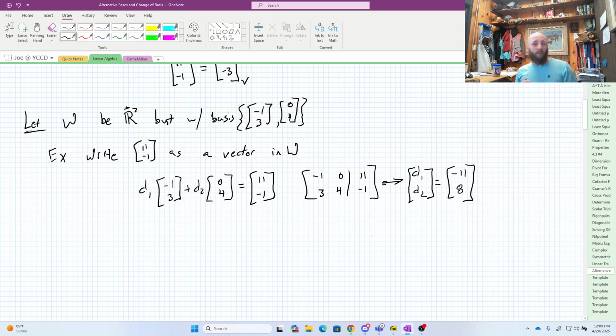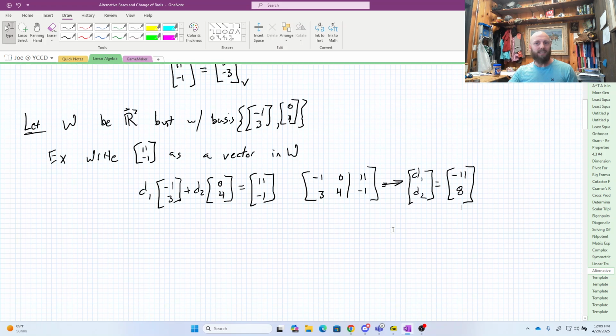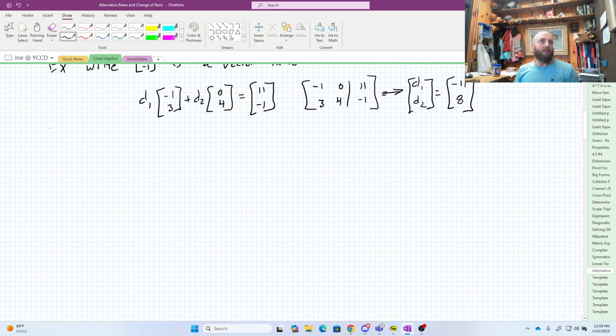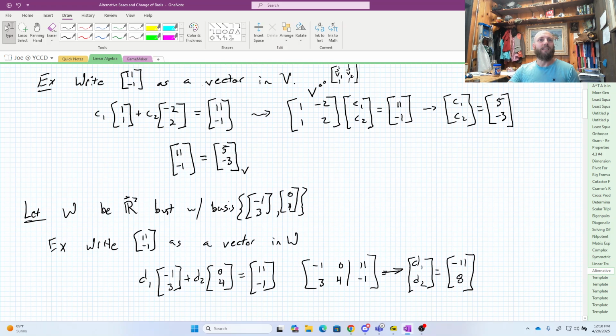Now there's kind of a cool thing you can do now that you've got a vector written out in two different ways. My example vector, (11, -1) in the standard basis, is equal to the version in V. The version in V is this guy, (5, -3).